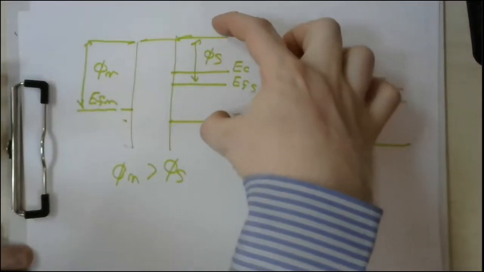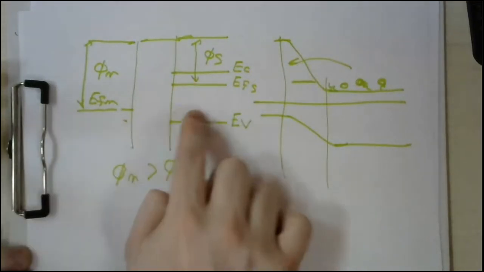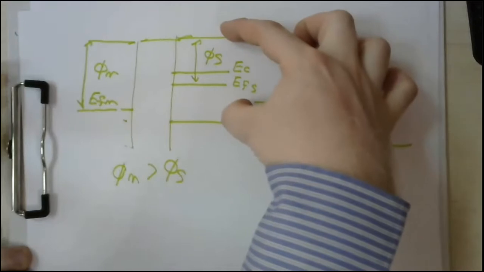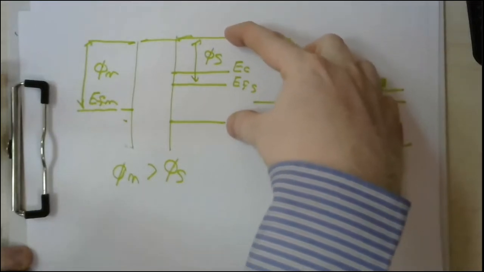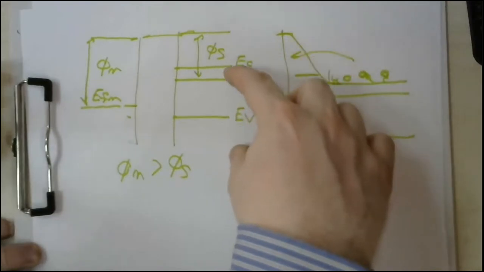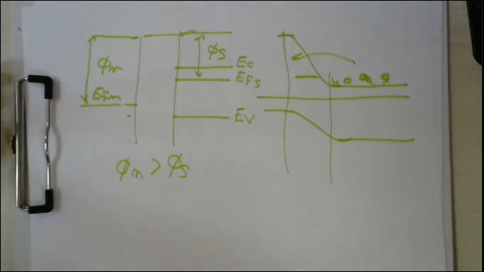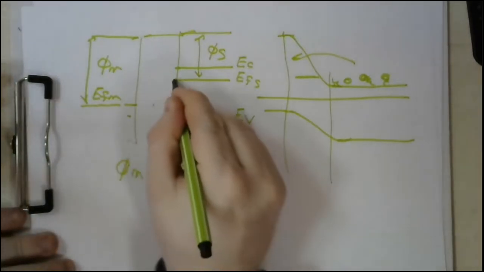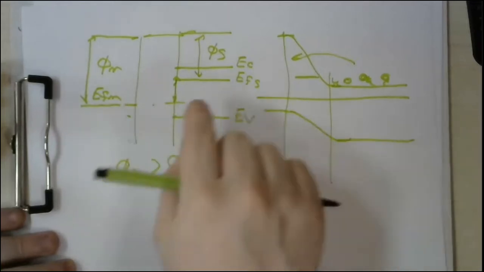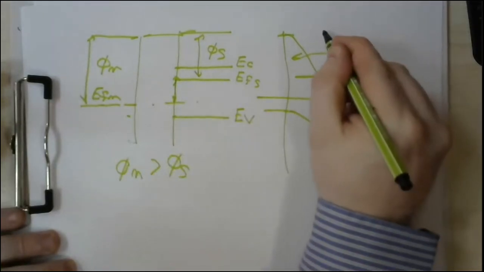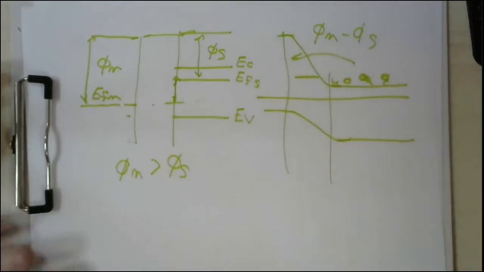Just move this downward so that EFM and EFS become a continuous line. So how much energy will you push this downward to make them align? This is very simple. This difference is phi m minus phi s. So this height is equal to phi m minus phi s.